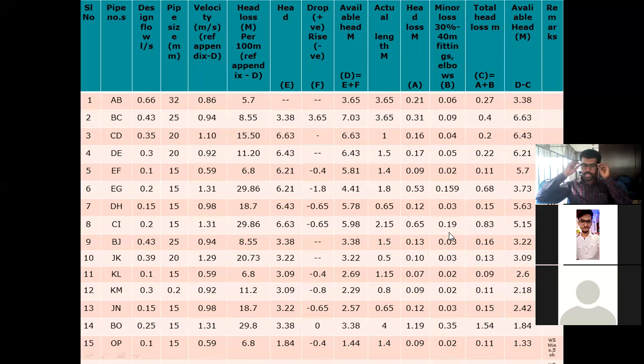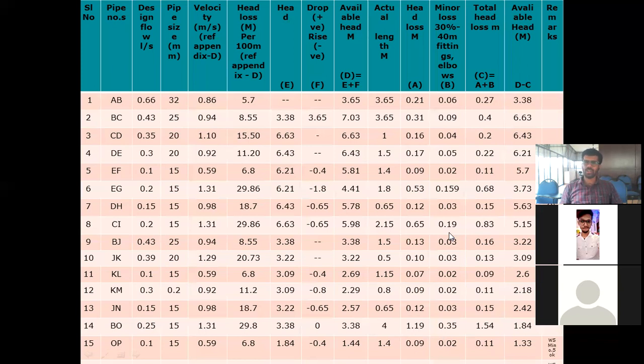We'll ask them to at least provide a minimum of 7 meters. If that is not possible, we have to give a booster pump with VFD, so according to that we can set its pressure. That is the way we design.